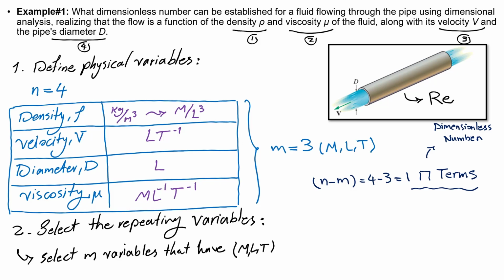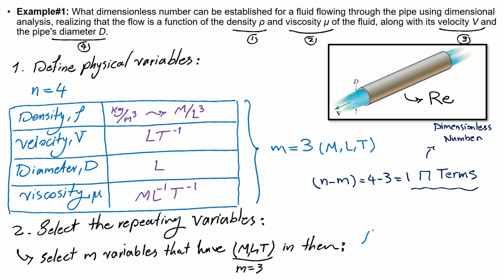Basically, they have the three principal dimensions in them. So I'm going to select rho, mu, and velocity.